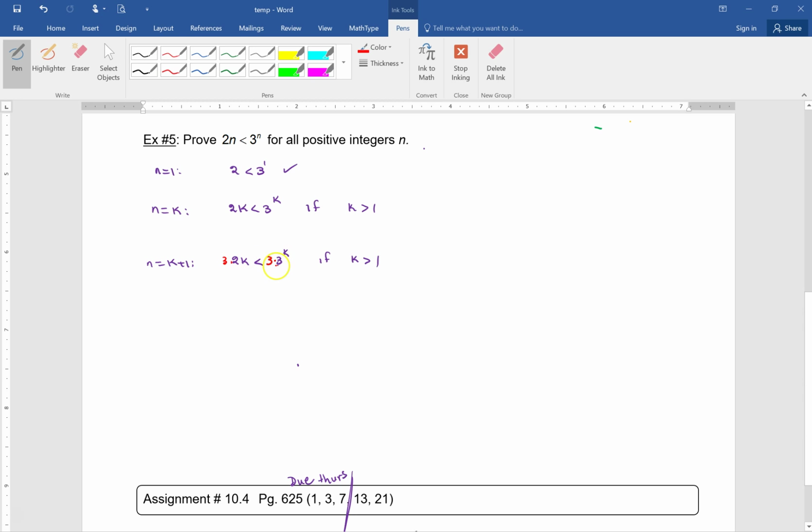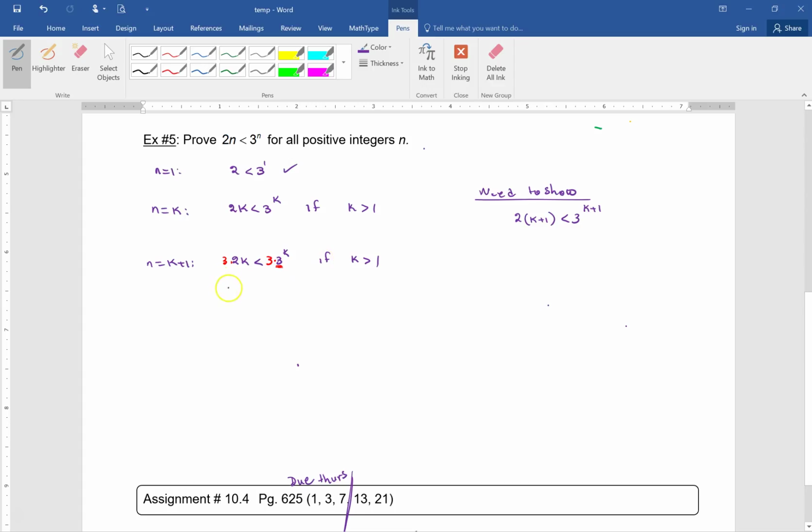You always multiply by whatever the base of that power is. Well, to help guide us, let's see what we need to show. We need to show that 2 times k plus 1 is less than what? 3 to the power of what? k plus 1. That's what I need to show. So I need a 3 to the k plus 1 from somewhere.